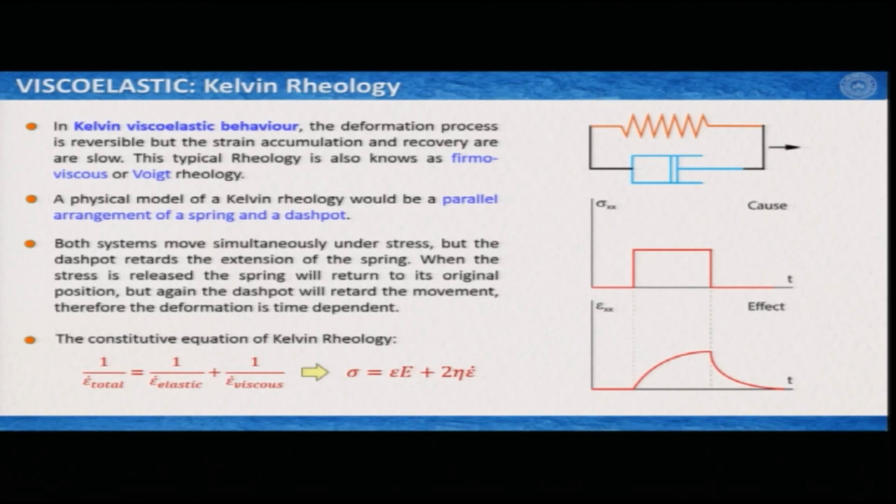Now, generally this Kelvin rheology is explained, or we model it, when we add a spring and a dashpot, that means elastic and viscous, in parallel arrangement. What we see here is that I have a spring and in parallel I have a dashpot.